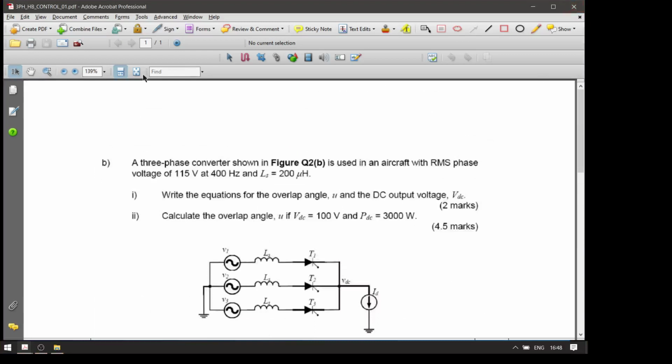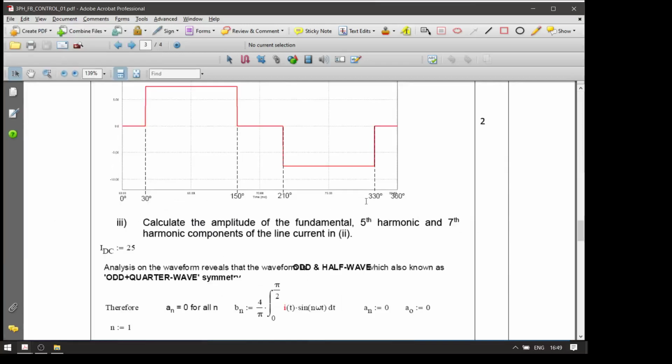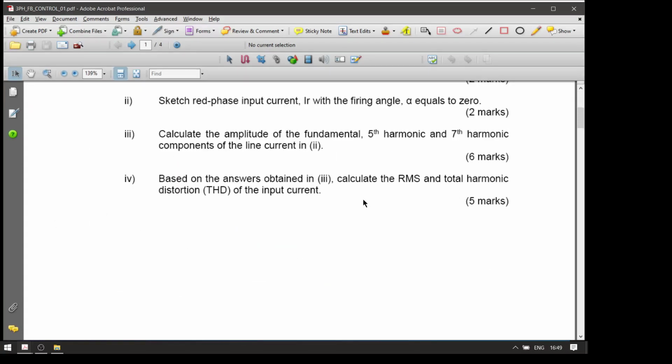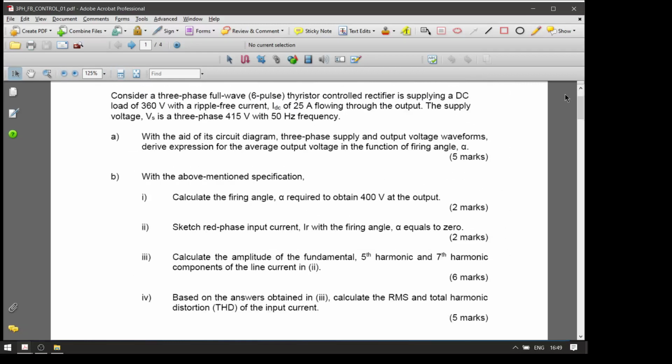Then let's proceed to the second example, which is a full bridge. Okay, let's look at this example. Consider a three-phase full wave 6 pulse thyristor controlled rectifier supplying a DC load of 360 volt with a ripple free current IDC of 25 ampere flowing through the output.